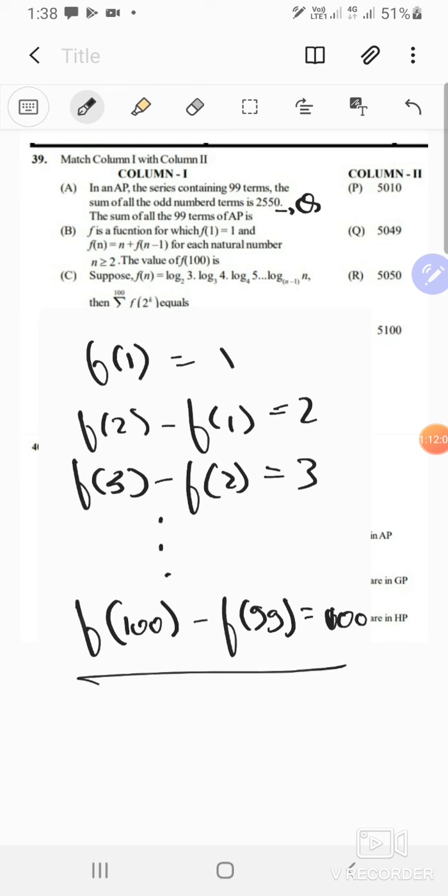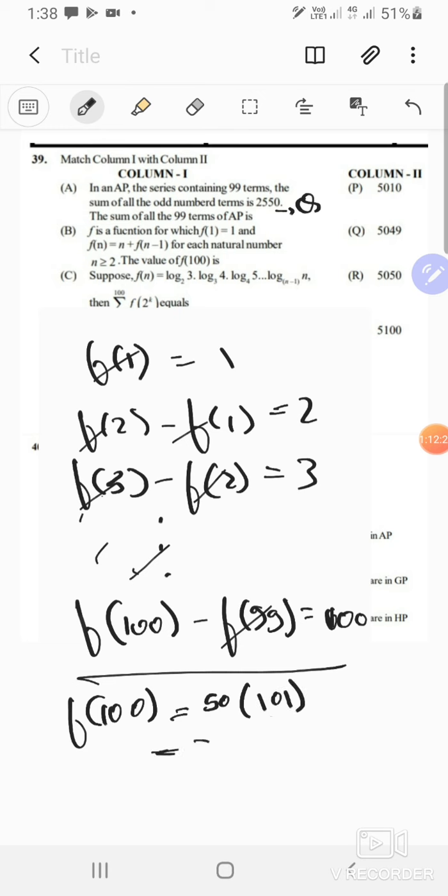And when you add all this up, all that stuff cancels, right? So you just get f of 100 as 1 plus 2 plus 3 all the way till 100. That's just going to be 100 by 2, 50 into 1 plus 100, which is 101, so 5050. That was easy. So this is R.